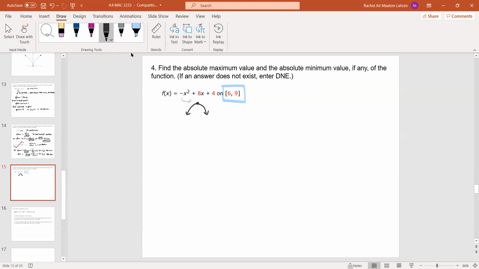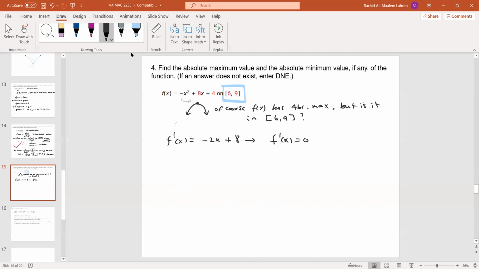So let's do, of course, f of x has an absolute maximum. The question, but is it in 6, 9? Right. So that's what we're going to confirm. So the first derivative is negative 2x plus 8. We set it to 0.